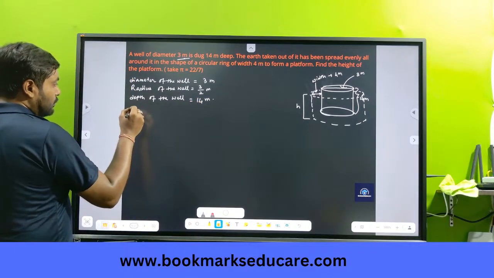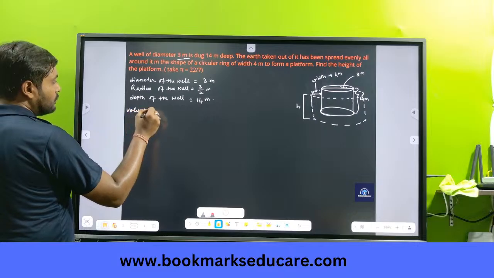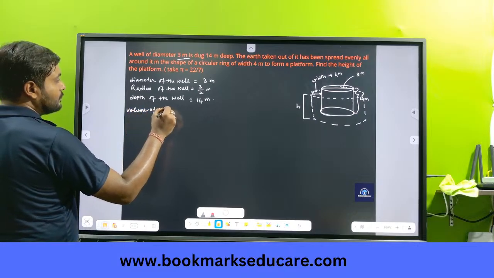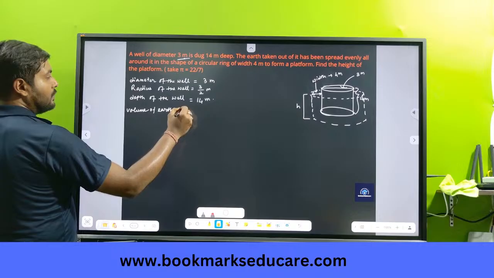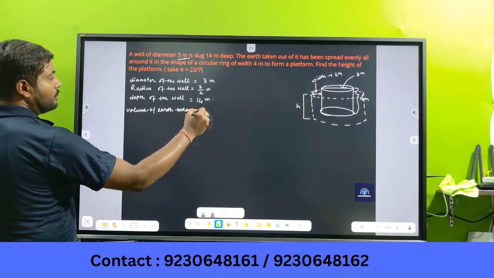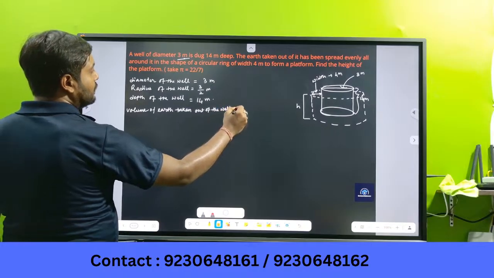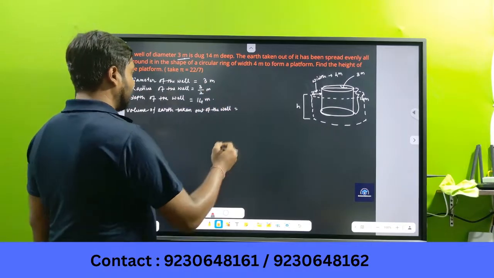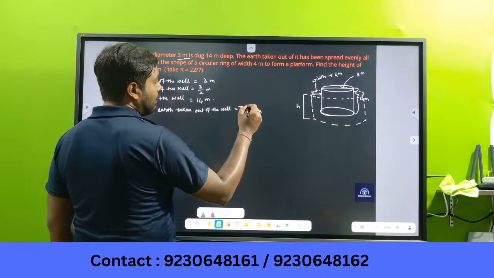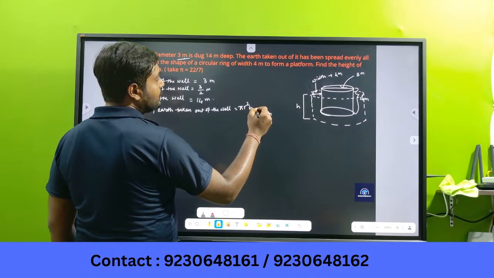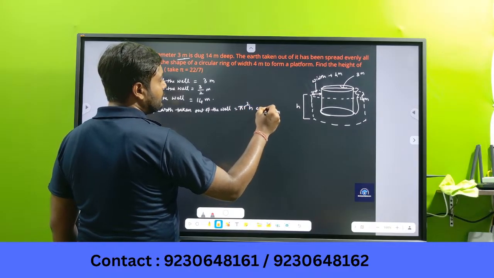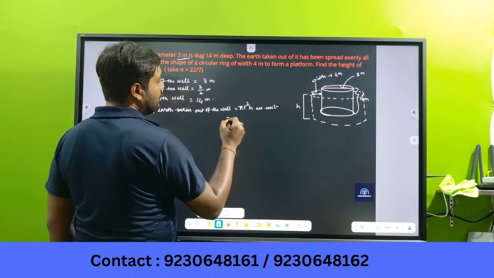So volume of earth taken out of the well equals pi r square h cubic unit.